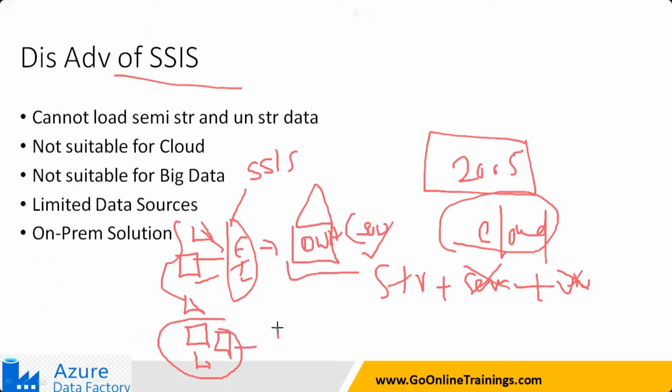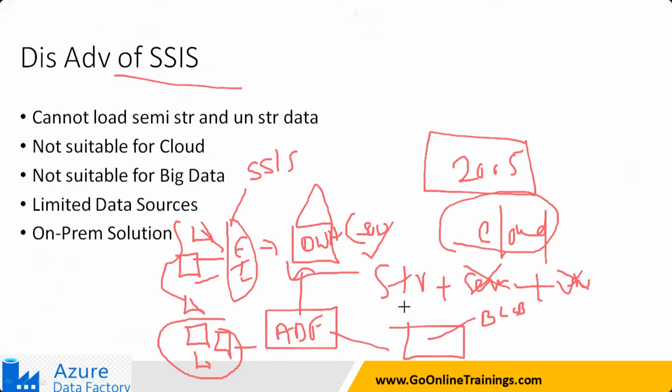That is where you need to use one more tool called ADF. ADF may load the data into a data warehouse if it is structured data, but if it's unstructured data, it has to load the data into either a blob storage, or you will be able to store the data in the data lake. Clear? So we need to understand what is a data lake and what is a blob storage. Structured data you will be able to store in Excel, or most of the time we load structured data into data warehousing.